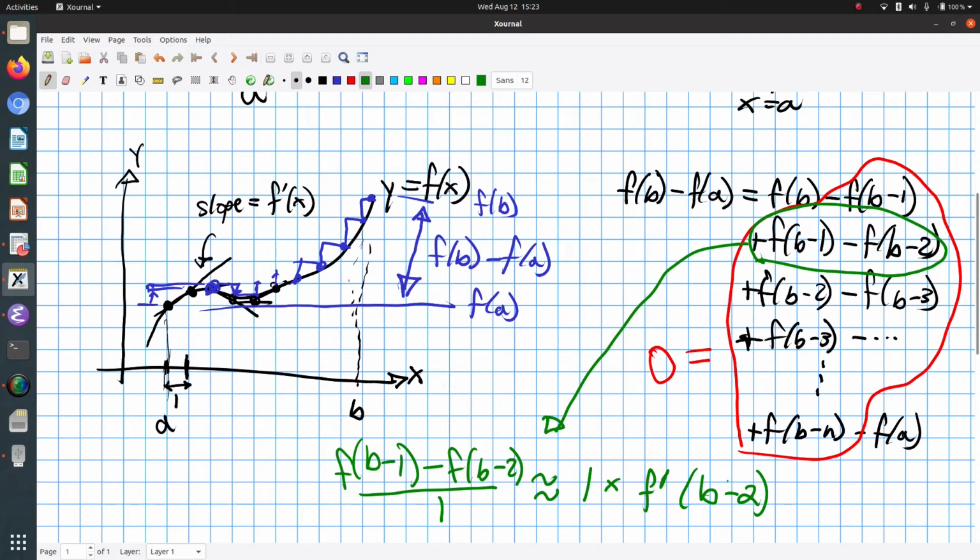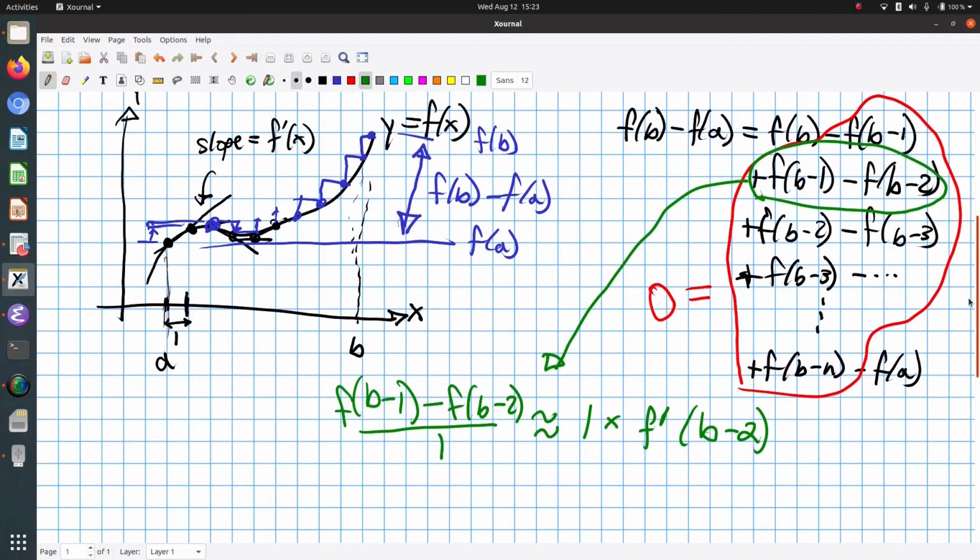Of course, if you remember your Calc 1, which maybe you do, there's a mean value theorem that says that it's actually exactly equal at some point in here, but that's not terribly important for our purposes. Now, I did it all by steps of 1. Of course, I could do steps that are smaller.